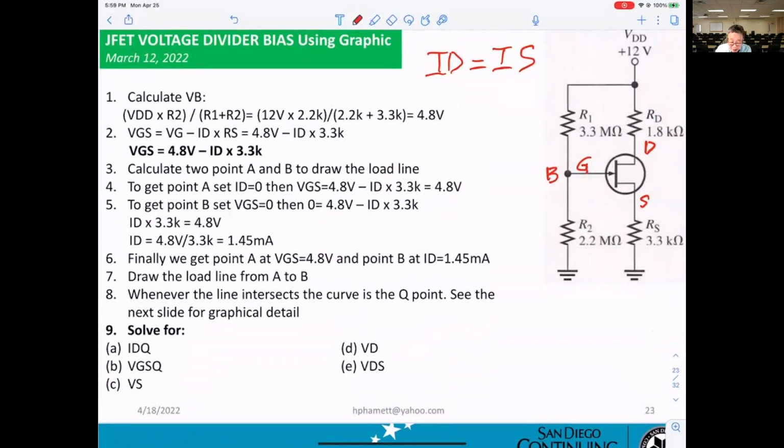You know the equation in here. This is the equation we're working with. So to get point A, you set ID equal 0. Then VGS equals 4.8.